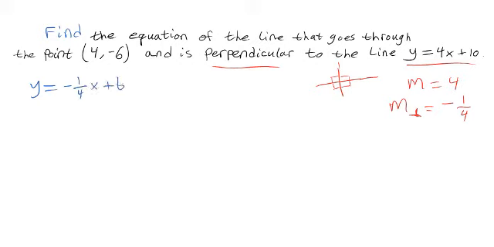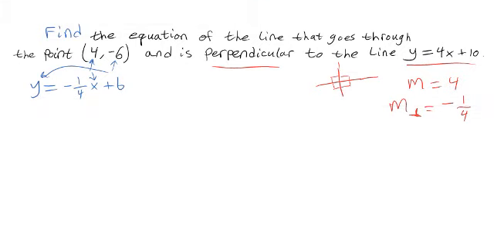Okay, what are we missing? We're still missing b. Well, how do we find b? Simple, we're given a point that the line passes through. All we got to do is plug these two values into x and y, and then we can solve for b. We have no more unknowns. So we'll go ahead and do that.